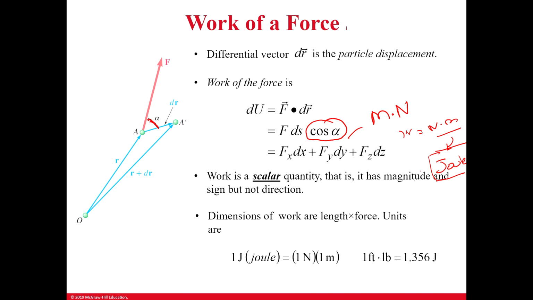All right, so the unit of work is joules. Now, the unit of power: power is joules per second, which equals watts. And so this is power, the amount of energy that you do, or have, or use in a certain time. So watts is power, and work is the energy, in joules.